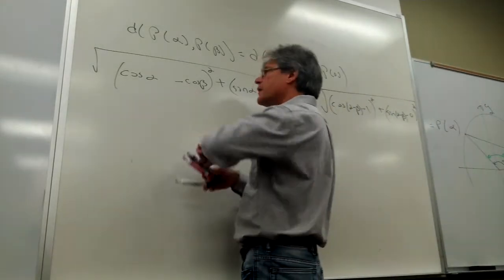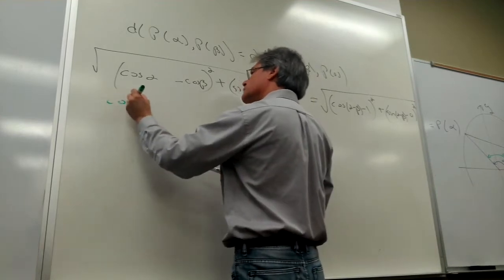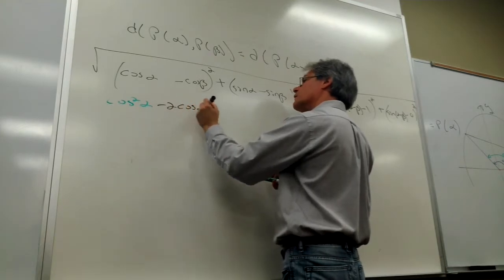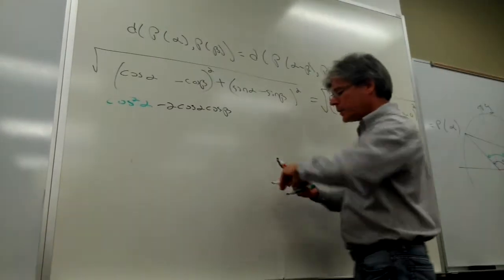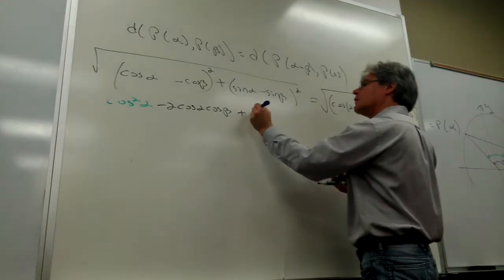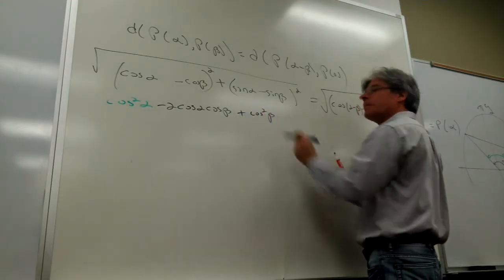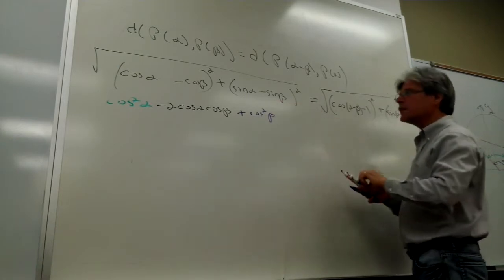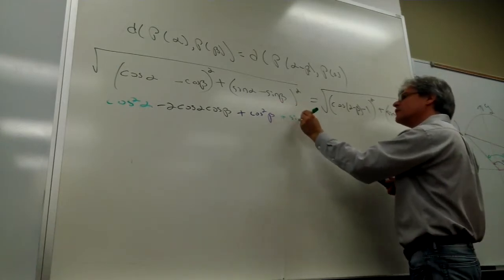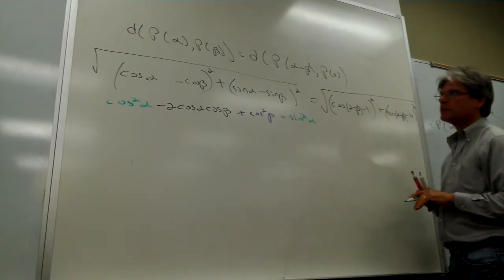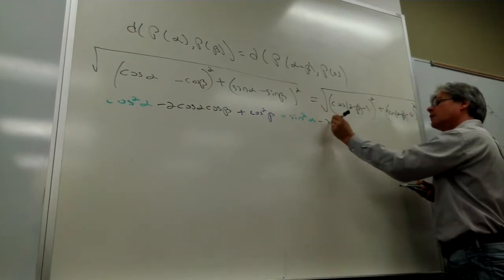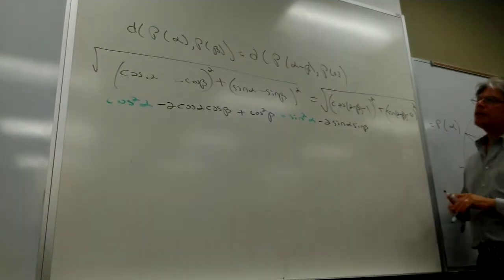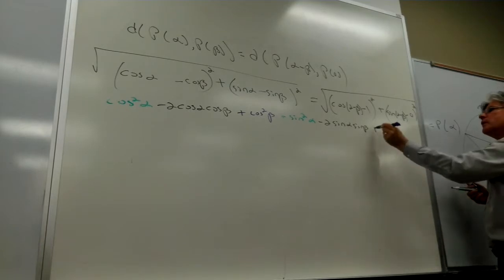The first one expanded is nothing more than cosine squared of alpha minus 2 cosine alpha cosine beta plus cosine squared of beta. Next, in expanding this binomial square, doesn't that give me a plus sine squared of alpha minus 2 sine alpha sine beta?